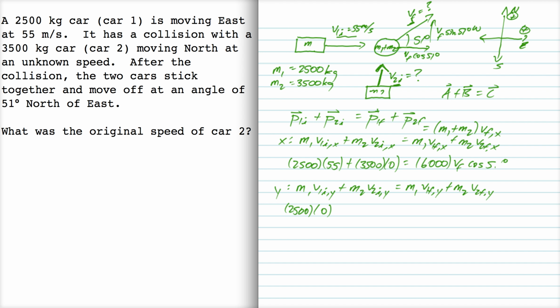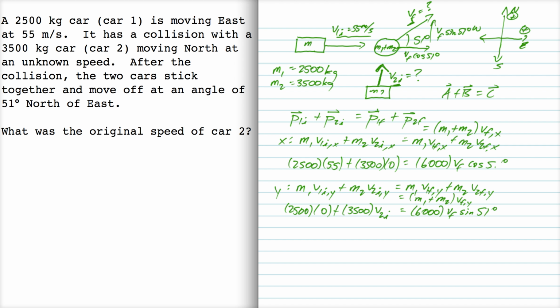V1I points in the positive X direction. It has no Y component. The Y component of V2I is just V2I, because V2I, whatever it is, points in the Y direction. And then this side, of course, can be rewritten again as M1 plus M2 times VFY. So that's 6,000 times VF sine 51.